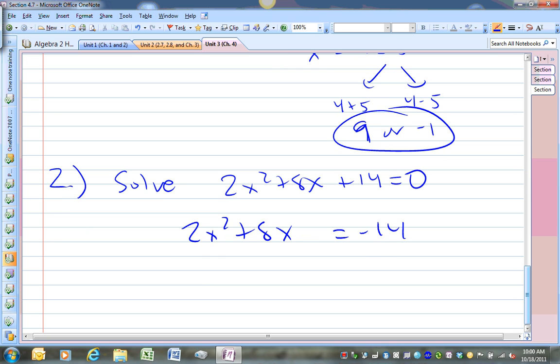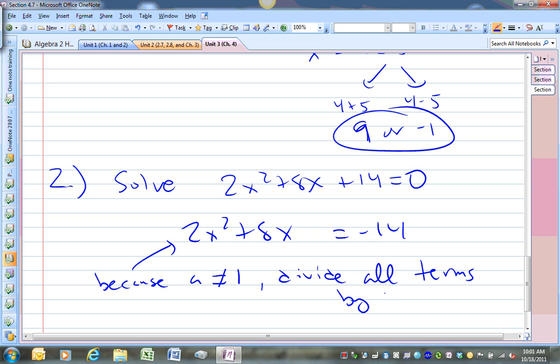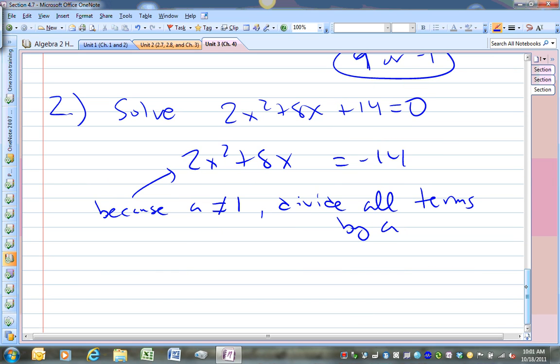But then here's where things get a little bit weird, because a does not equal 1, so we divide all terms by a. So basically I'm going to have this.